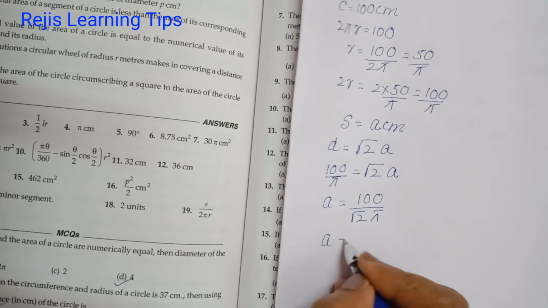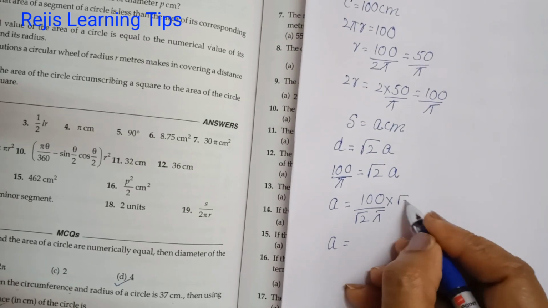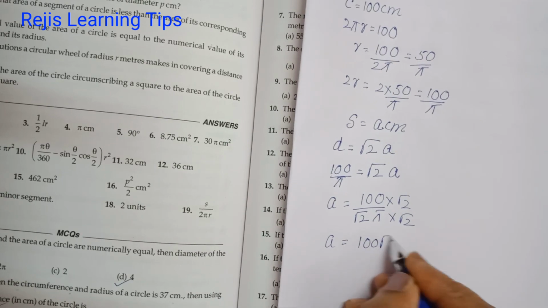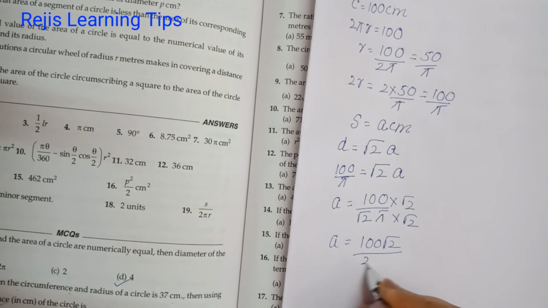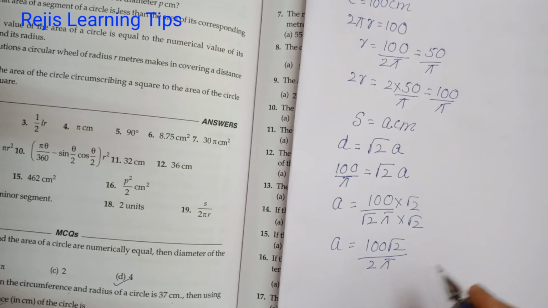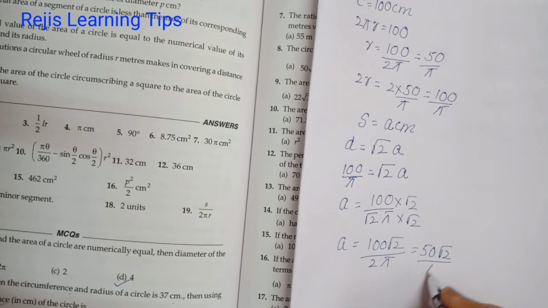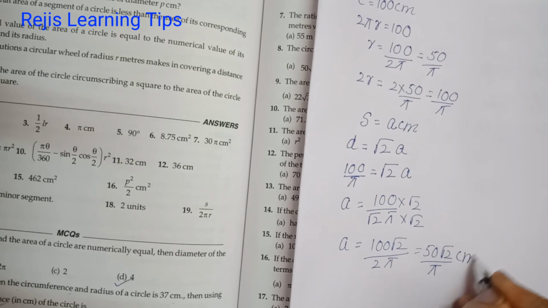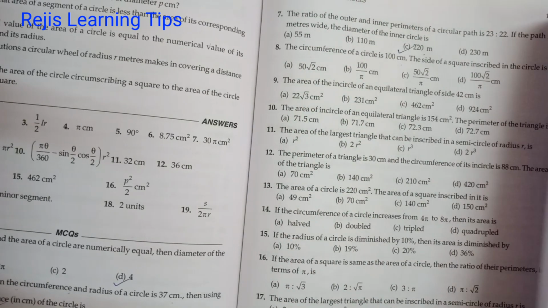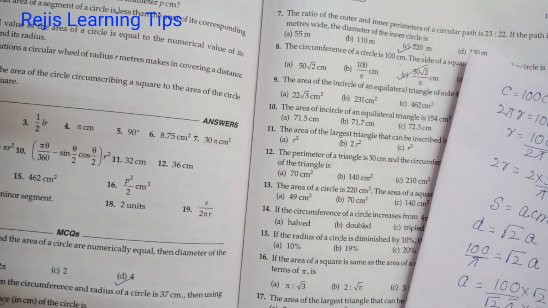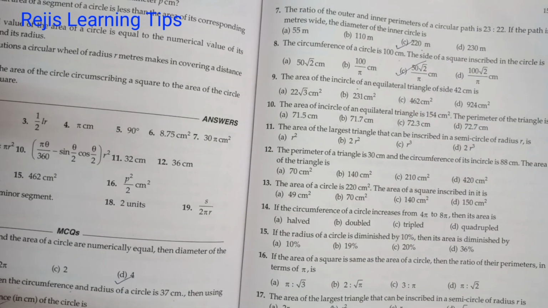We can rationalize the denominator. So 100√2 divided by 2 pi, that is equal to 50√2 divided by pi centimeter. 50 root 2 by pi centimeter. So our option C.